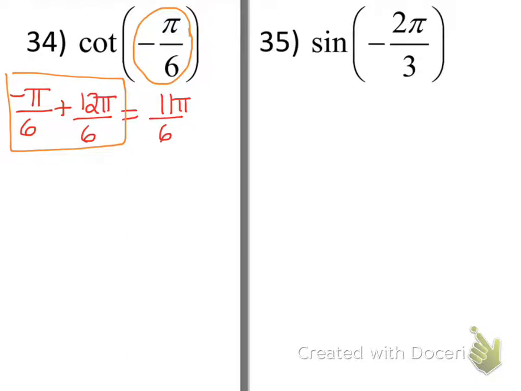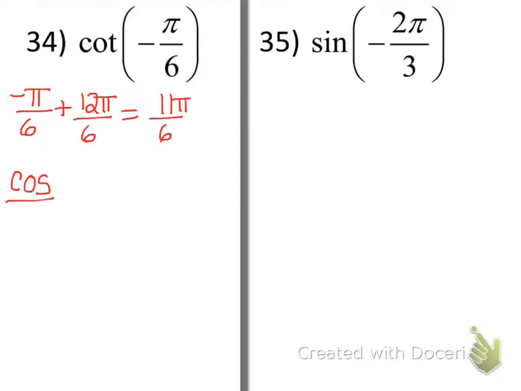So now that we know we're focusing on 11 pi over 6, what we're going to do is figure out cotangent. So cotangent is, you could say 1 over tangent, but the easiest way to do it, since the unit circle gives us only our sine and cosine functions, is to say that since tangent is sine divided by cosine, cotangent is cosine over sine.